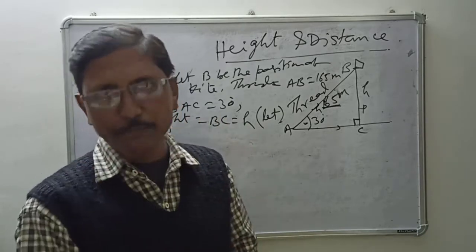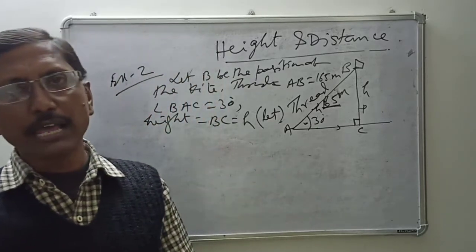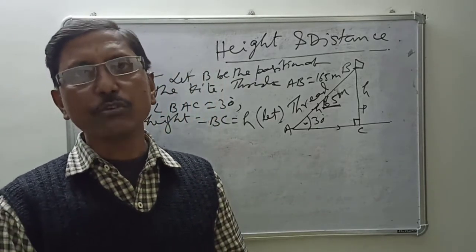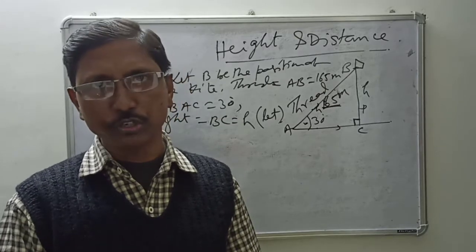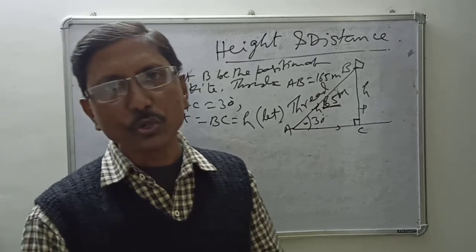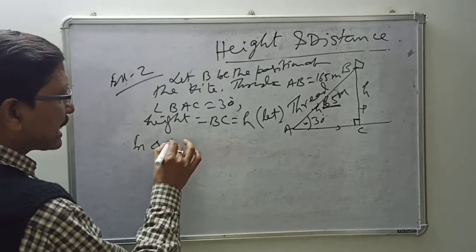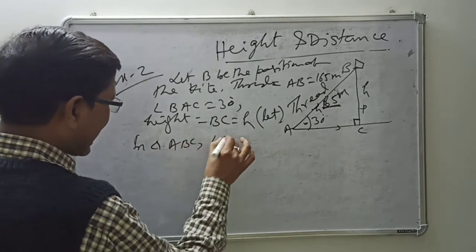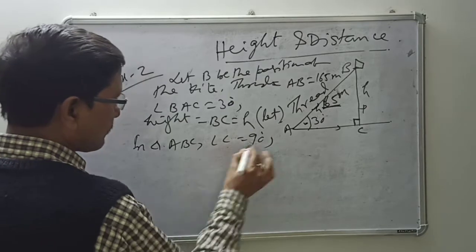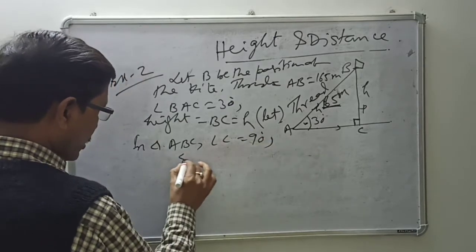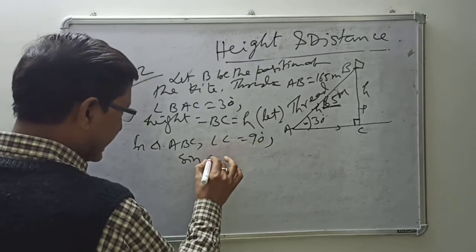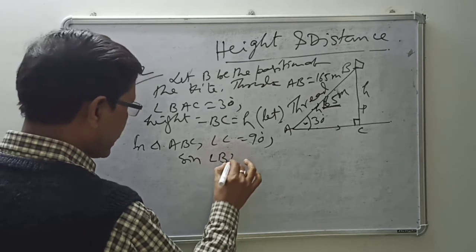Simply we say, sine equals perpendicular by hypotenuse. So P by H means you have to go to the sine. So from there you can say in triangle ABC, angle C equals 90 degree. So therefore we will go to sine of angle A, or BAC.